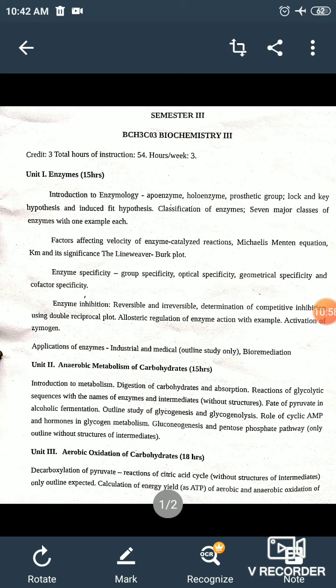So the next unit is aerobic oxidation of carbohydrates, which is the third unit, under which we have to study decarboxylation of pyruvate. The pyruvate which is produced in glycolysis will be channelized or utilized. During glycolysis, we take some energy of the glucose into ATP.